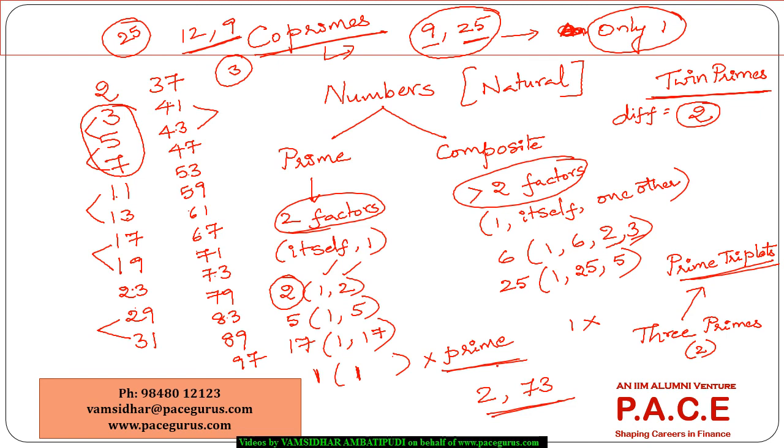So individually the numbers may be primes or may not be primes, but when we use the word co-prime, we are talking about a common factor other than 1. If they have a common factor other than 1, then they are not co-primes, but if they don't have any common factor other than 1, they are co-primes. So this is one more.